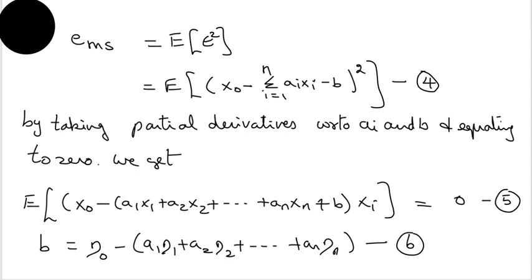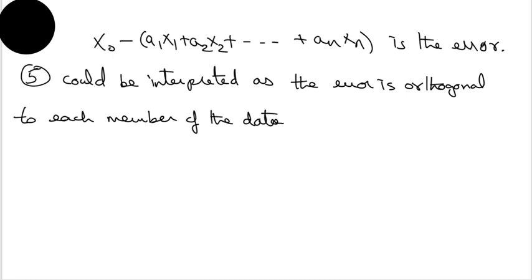How am I getting this? Please look at this equation. I will have a1 x1 xi, x2 xi, xn xi. All these values tend to vanish.